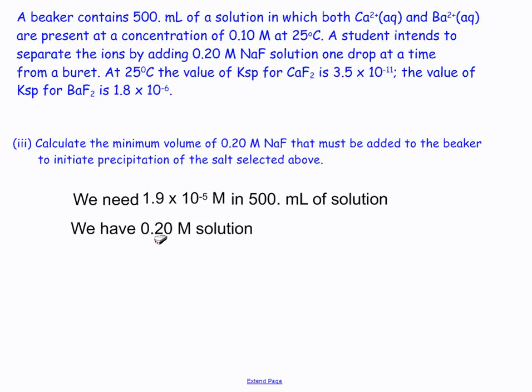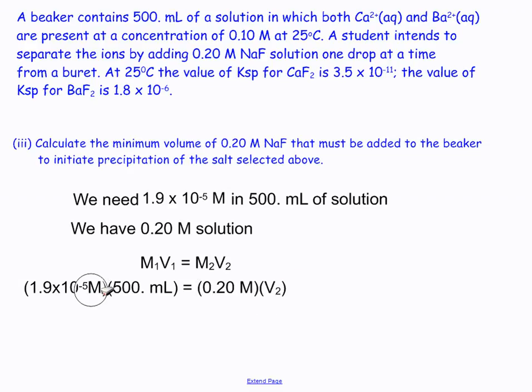And we have 0.2 molar solution, that will have to go with a new volume. So if I have two molarities and two volumes, M1 V1 equals M2 V2. I plug them in, making sure that I get the top two on one side and the bottom one and the unknown on the other side. And I solve, and I have a tiny little amount.